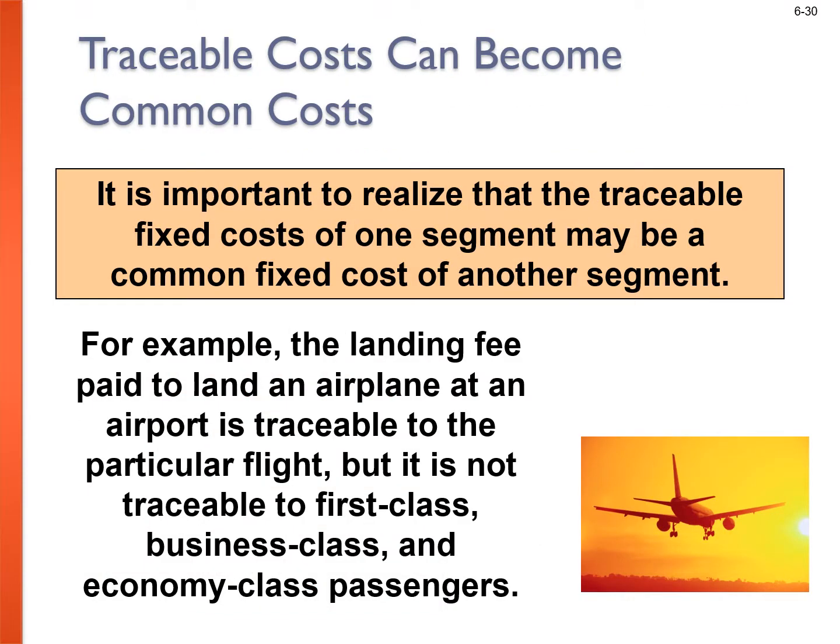Now, traceable costs can become common costs, so it's important to realize that traceable fixed costs of one segment may be common fixed costs of another. For example, the landing fee paid to land an airplane at an airport is traceable to the particular flight, but it is not traceable to first class, business class, and economy class passengers.